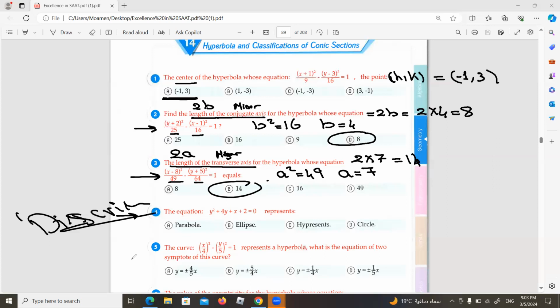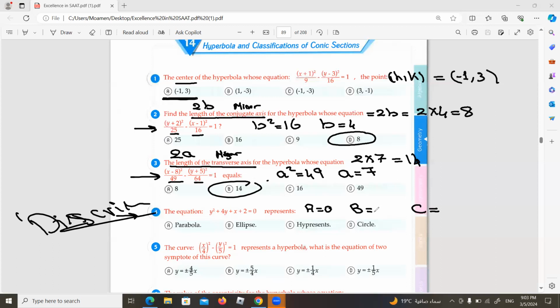To use the discriminant, we have to get the value of A, which is the coefficient of x squared, the value of B, which is the coefficient of xy, and the value of C, which is the coefficient of y squared. The coefficient of x squared here, mister, we don't have x squared, so it is 0.